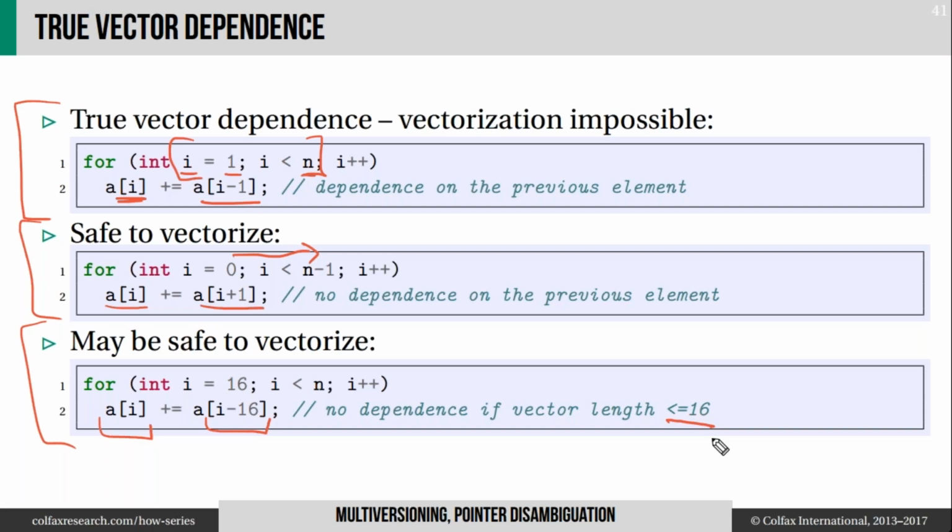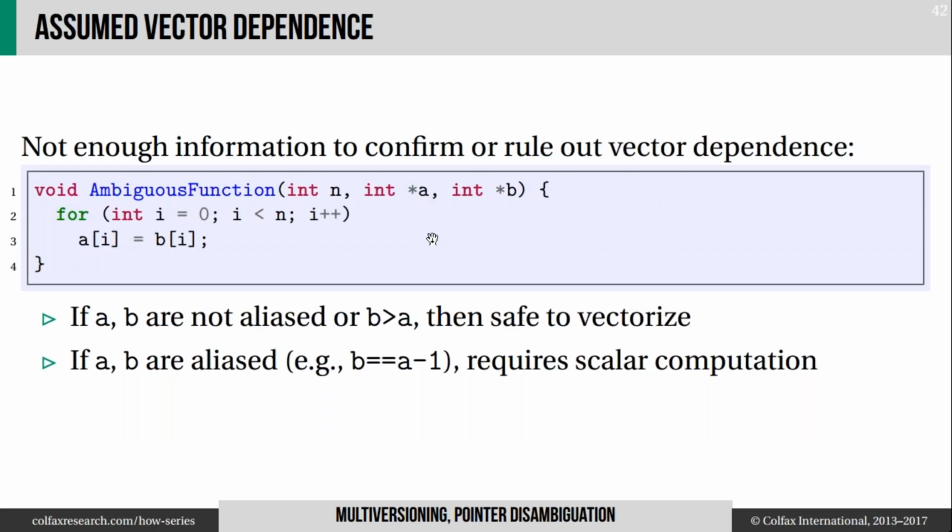But if the vector length is longer, for example, well, there are no Intel architectures with longer vectors, but if you do loop unrolling and treat unrolled loops as one iteration, then you need to be careful here. Because of these limitations, the compiler will sometimes refuse to vectorize your loops.